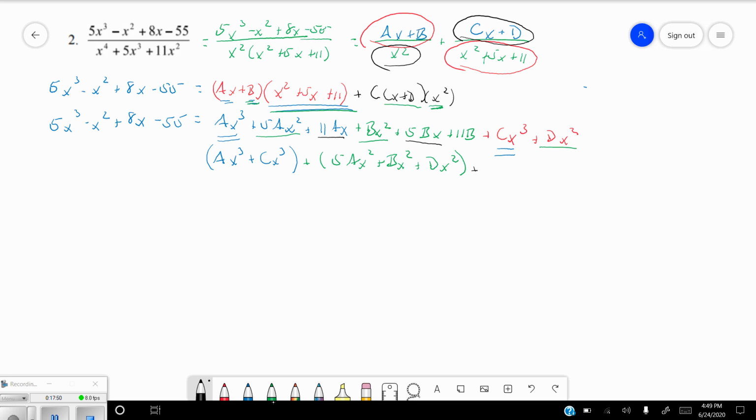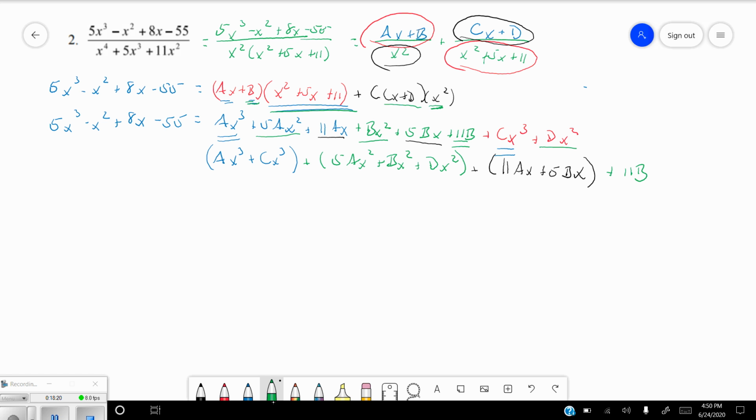So we're going to have plus 11ax plus 5bx. Man, my 5s look absolutely horrible. And then I'm going to associate anything that's left over because those are just constants. And it looks like all I have left over here is an 11b. So we're just going to put plus 11b.